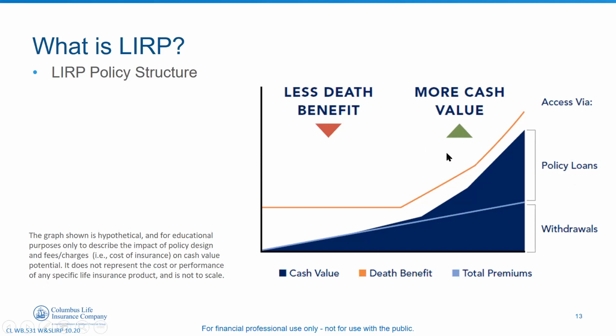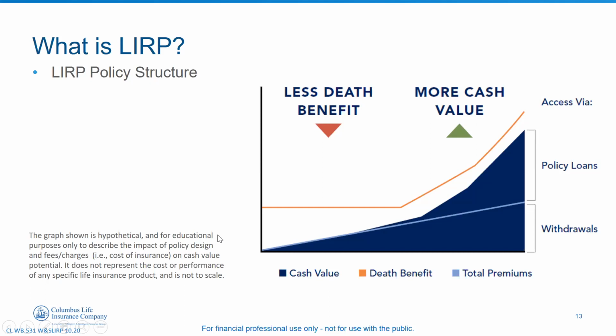In the event that the policy were to lapse somewhere in later years when there are outstanding policy loans and loan interest that's accruing, that could be a substantial tax impact to the client should the policy accidentally lapse. So keep that in mind. The policy always has to stay in force when you're using this structure.